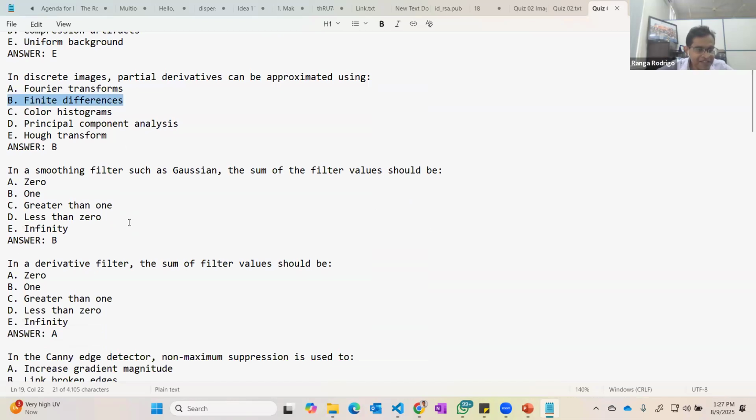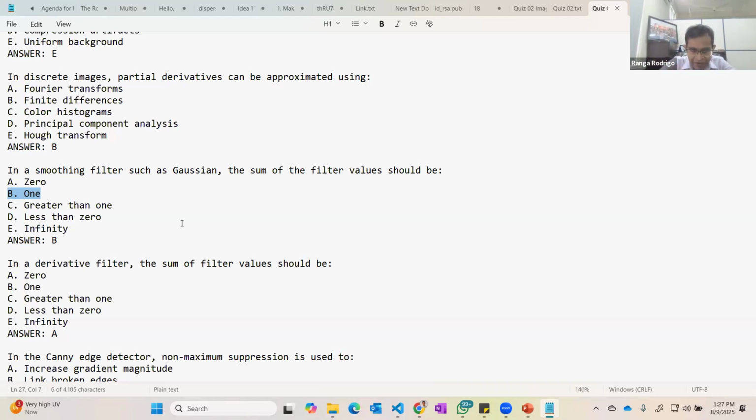In a smoothing filter such as Gaussian, the sum of filter values should be, of course, 1. What is the reason for that? Otherwise, if you run the averaging filter, consider this. If your filter values sum to 2, you run the filter on all full bright. That means all values are 255, 255, 255, and so on.